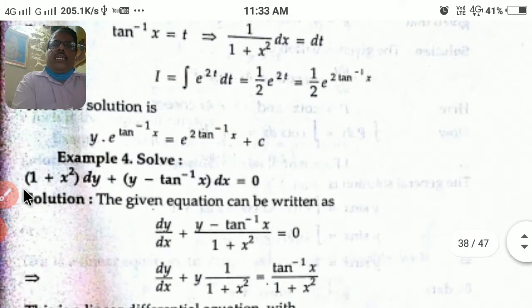Now similarly, here we take another problem. Solve (1 plus x square) dy plus (y minus tan inverse x) dx equal to 0.